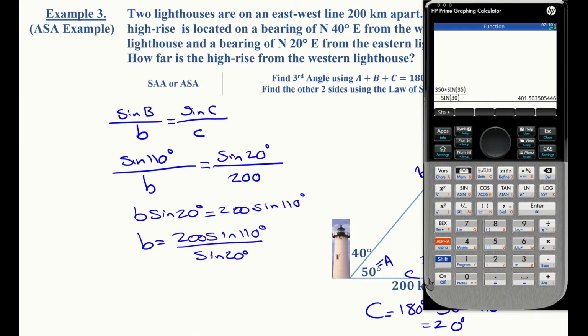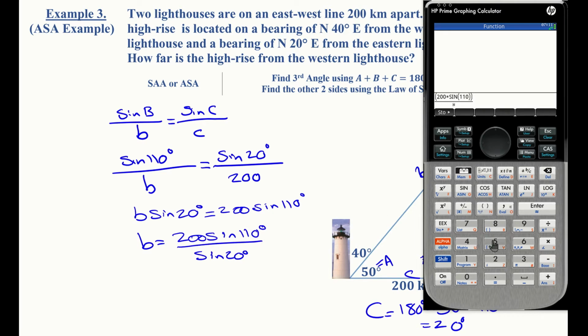We'll bring back the calculator. Let's go ahead and clear it. So we want 200 times sine of 110. Some calculators assume the multiplication. This one does not, but it's a really nice calculator, so I'll put up with that. Divided by sine of 20.